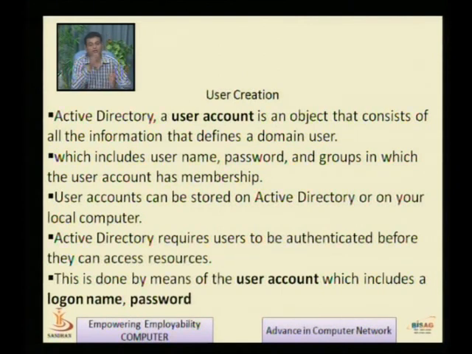All this information is stored once we create a user in Active Directory. This user information includes user name, password, and the groups of which the user account has membership. Group means, as I said earlier, we can create a group for MCA1, a group for MCA2, a group for MCA3, and if I give some rights to the group, those rights automatically apply to the group members.